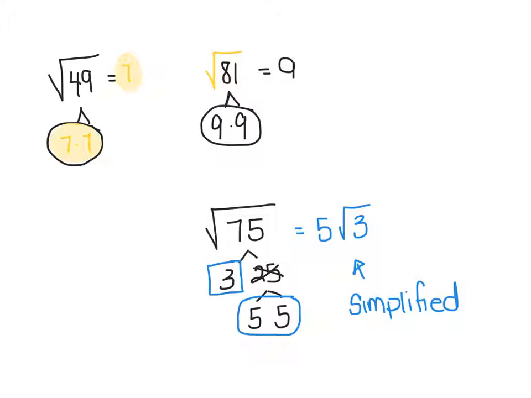Okay, let's do a couple more problems with that. So we wanted to do, as we said, the square root of 120, which we will do. Now 120 can be broken into 12 times 10, 6 times 20, 3 times 40.